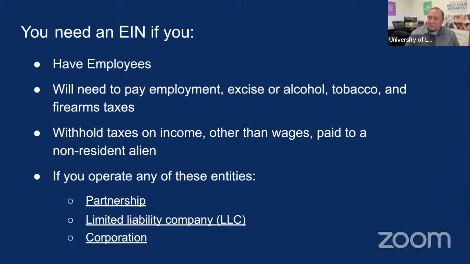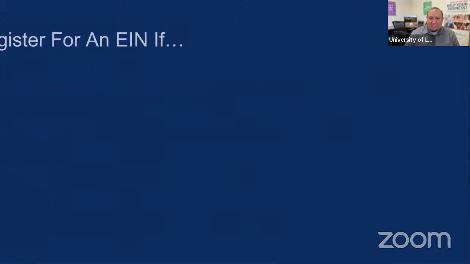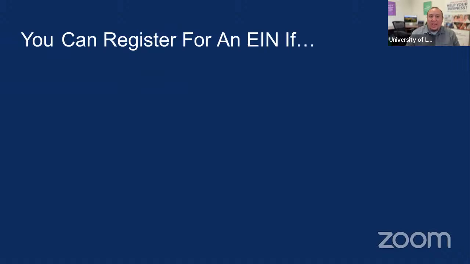Now, if none of these apply to you, then you can register for an EIN. This is basically your choice. And these are a couple of different reasons why you would want to register for an EIN that the application, once we get into it, will ask you.